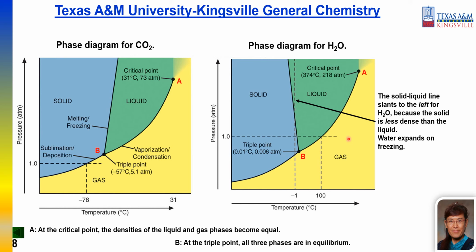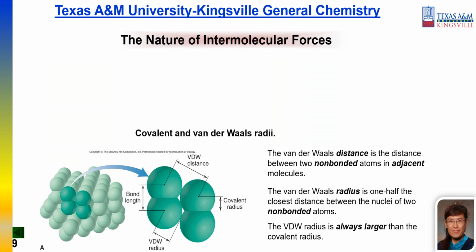And also remember one point: whenever we're talking about the freezing point and the boiling point of water, make sure that refers to 1 atm. If you have a different pressure, the boiling point for water will vary.